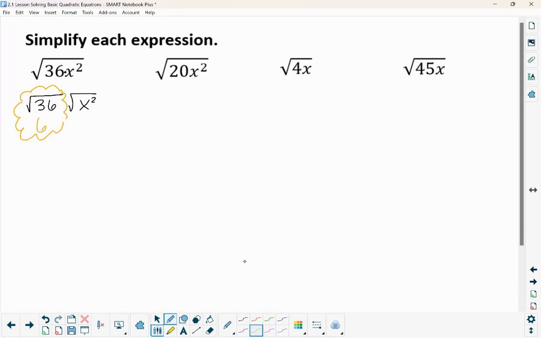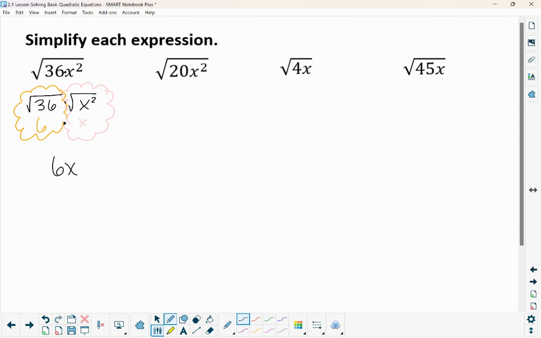And we just talked about that the square root of x squared, because these are inverse operations, in our brain we can realize the square root of x squared is just x. And then we need to combine those two into our answer. They're being multiplied together, so our answer would be 6x. So the square root of 36x squared is equal to 6x.